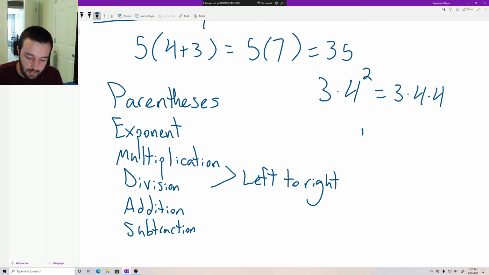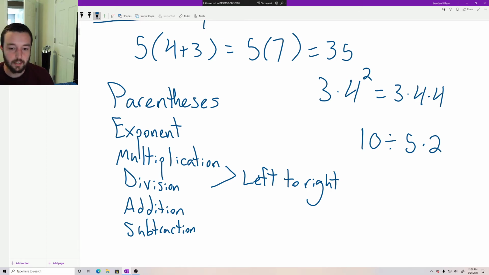For example, 10 divided by 5 times 2. The convention is to do the 10 divided by 5 first, because all we have left is multiplication and division, so we do whichever one comes first. 10 divided by 5 is 2, and then we multiply to get 4.